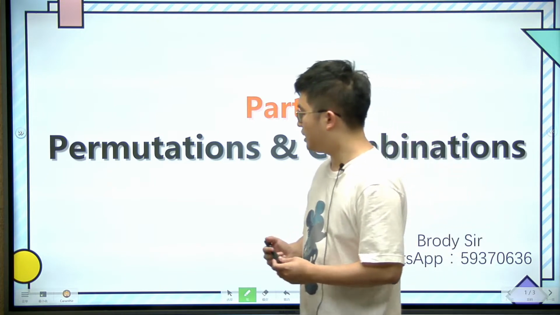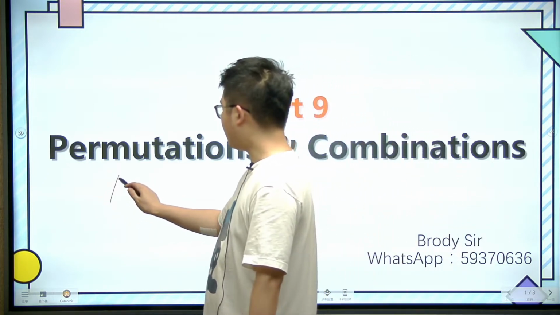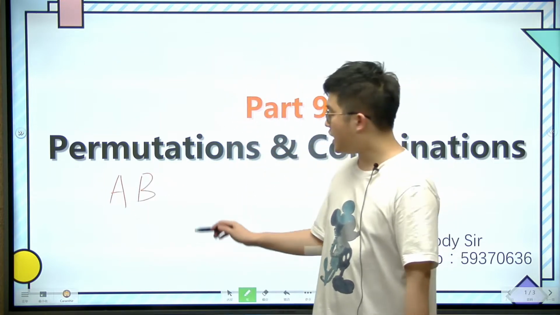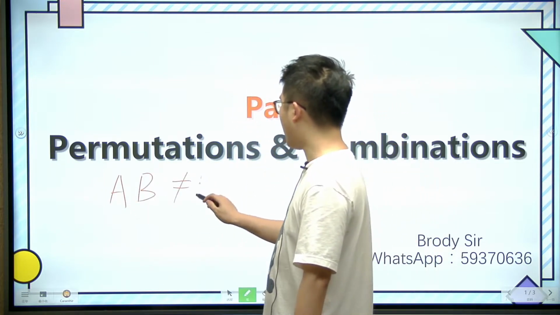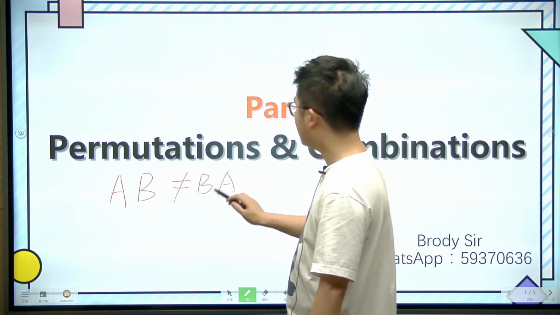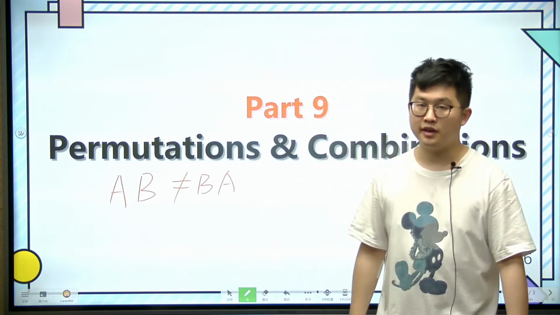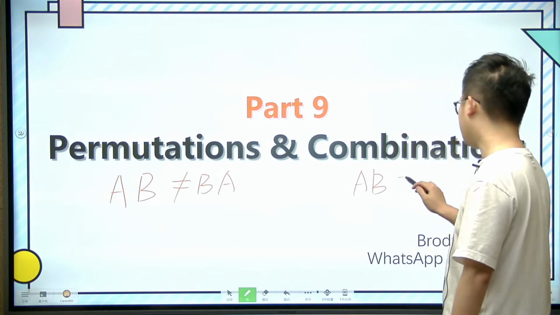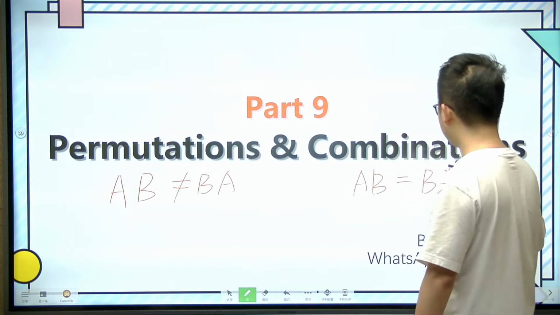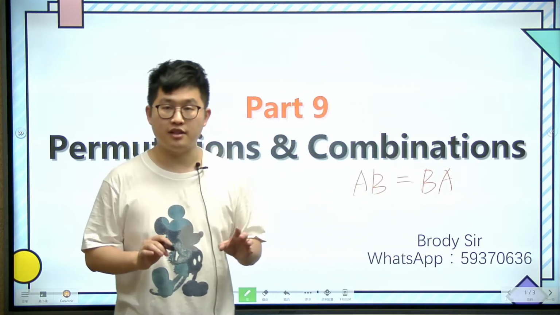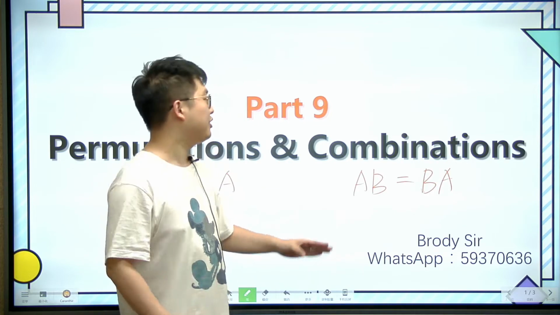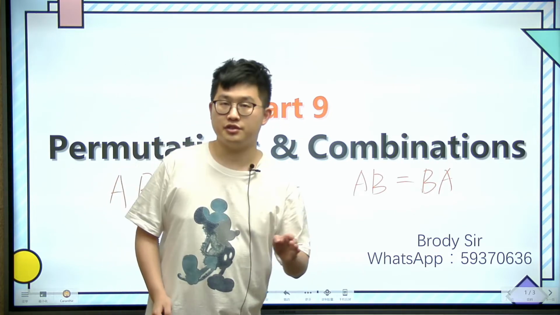If we have an A here and a B here, if AB is not the same as BA, then it's permutation. And if AB is the same as BA, which means the order doesn't matter, who stands in front doesn't matter, then this time it's combinations.